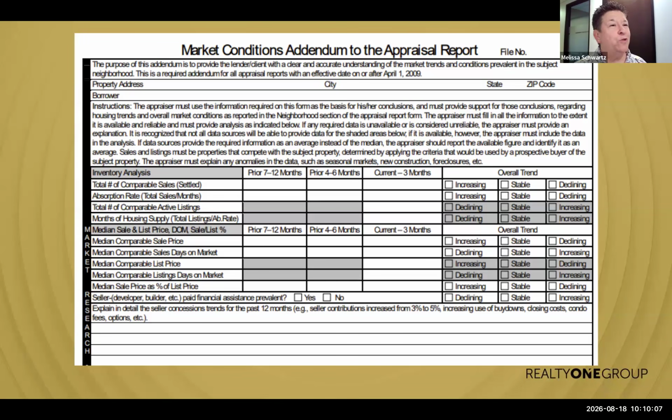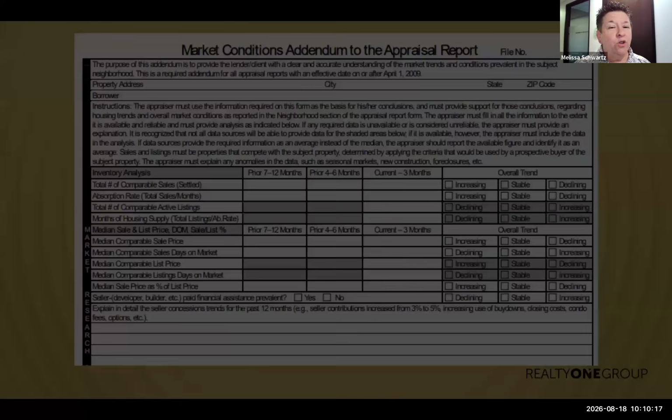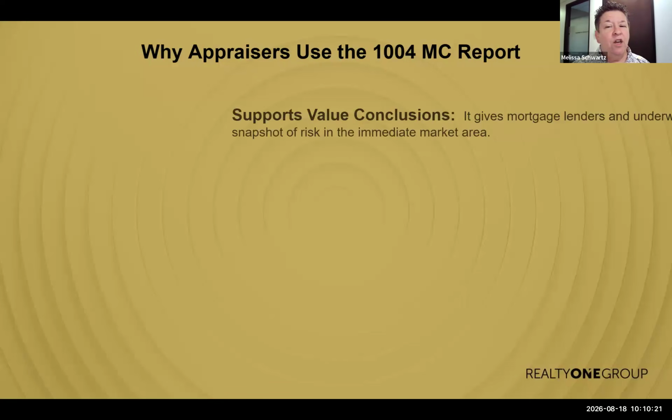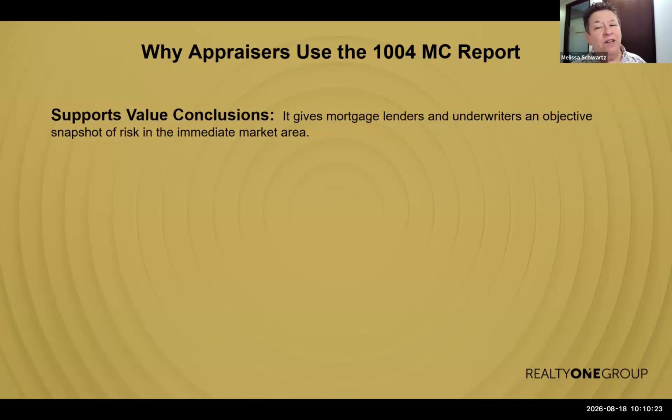That's why the appraisers use the 1004 MC and put it on their report. That's literally where they get their numbers from to show what they are looking at. Why do they use the 1004 MC? Because it gives the lenders and underwriters a snapshot, an objective snapshot of the risk in the immediate market area.